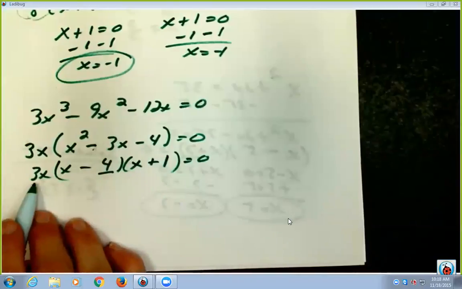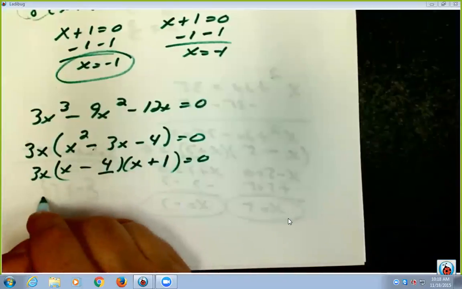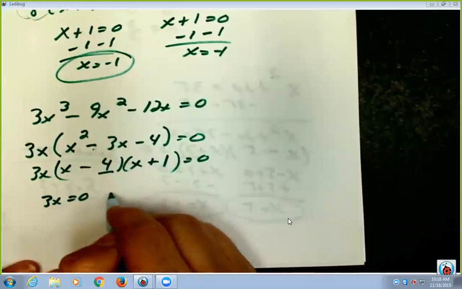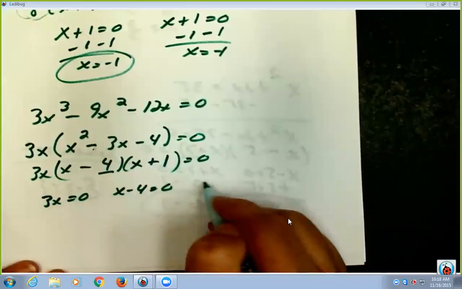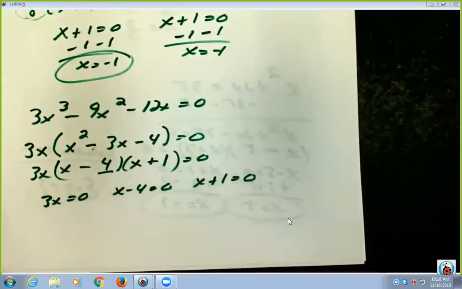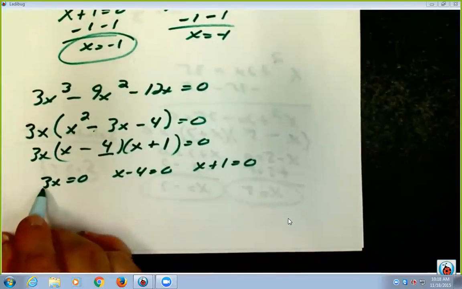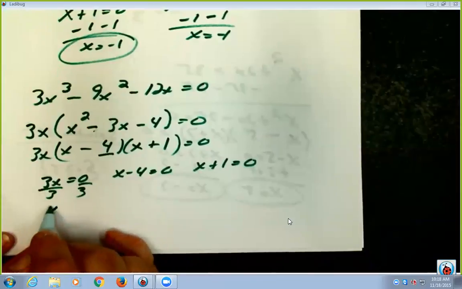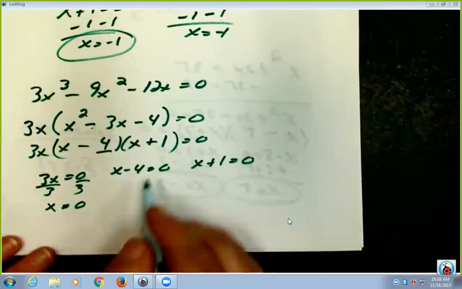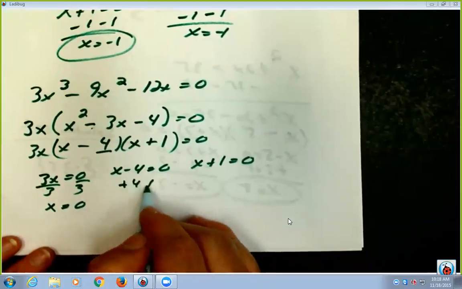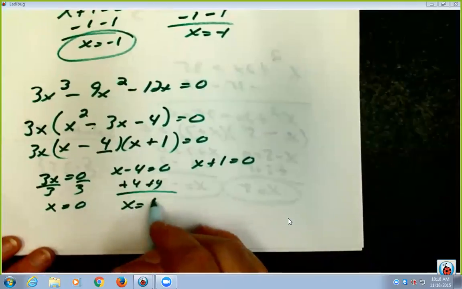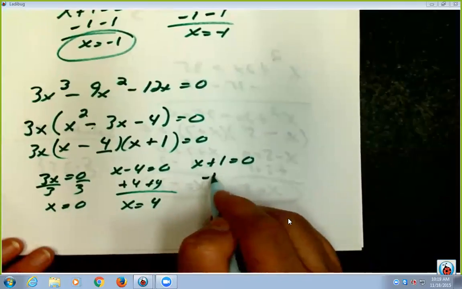But now when I pulled out this 3x, it's got an x with it, so I need to set each piece equal to 0. And so when I do that, I have to solve here too. So I can divide by 3, gives me x equals 0. I need to add 4. And then I need to subtract 1.